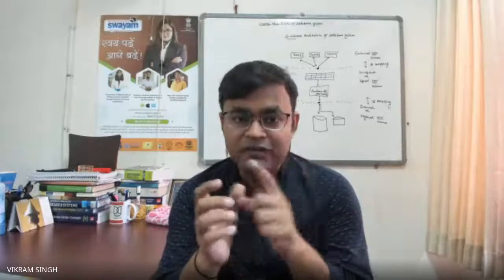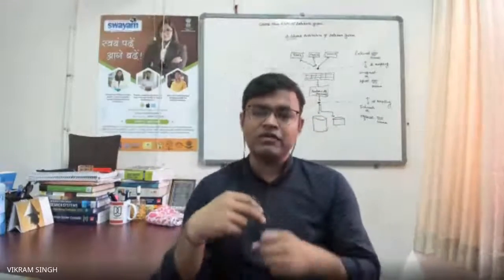Those kinds of attributes are referred to as multi-valued attributes, right? So these two are the main types of attributes, single valued and multi-valued. To represent a single valued attribute, we will use a single oval shape. But to represent a multi-valued attribute, we will use a double oval shape.